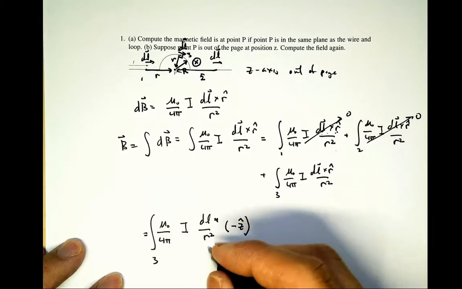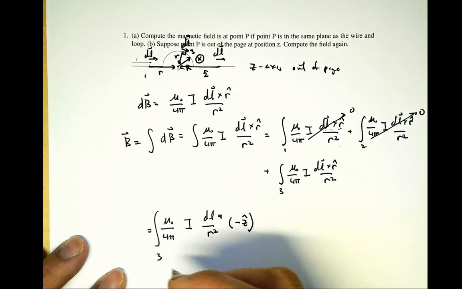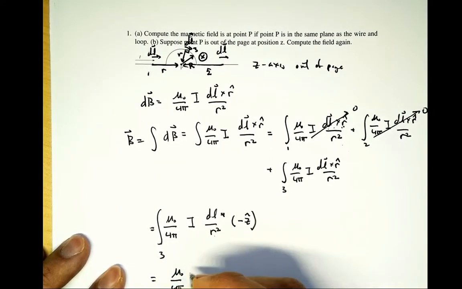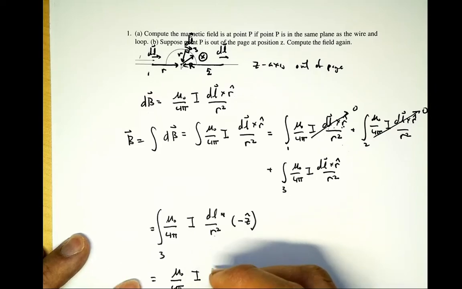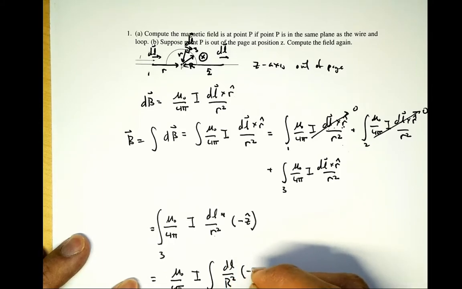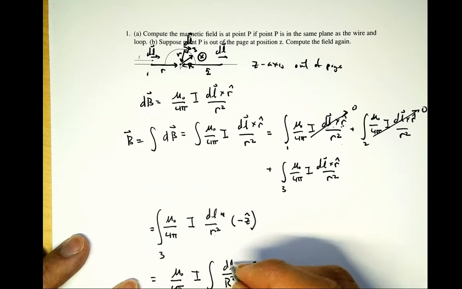Fortunately, because it's constant r, this r is just capital R. So it's going to be mu 0 over 4 pi I times the integral of dl over r squared in the minus z hat direction. This is just an integral over a semicircle.